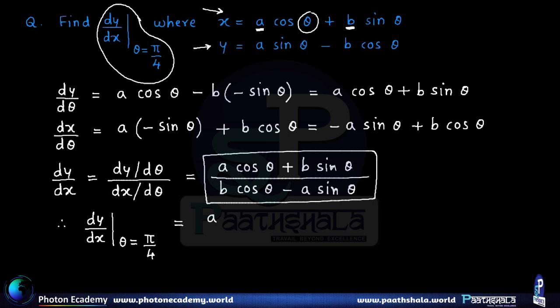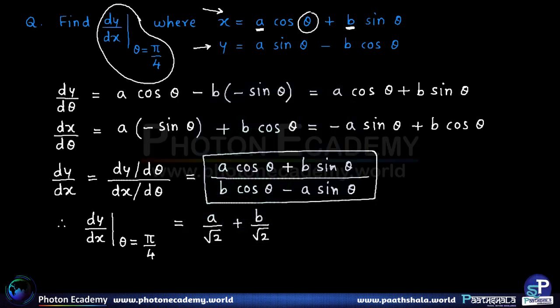A into cos of pi by 4, which is 1 upon root 2, so that is a upon root 2, plus b into sine of pi by 4, which is once again 1 upon root 2, divided by b cos of pi by 4, so once again b upon root 2, minus a into sine of pi by 4, which is once again 1 upon root 2.